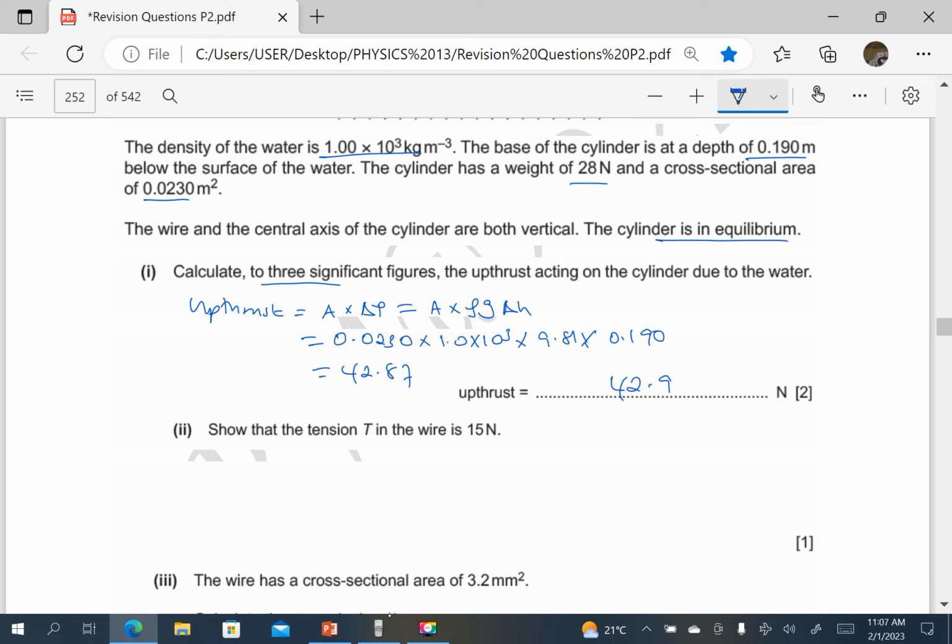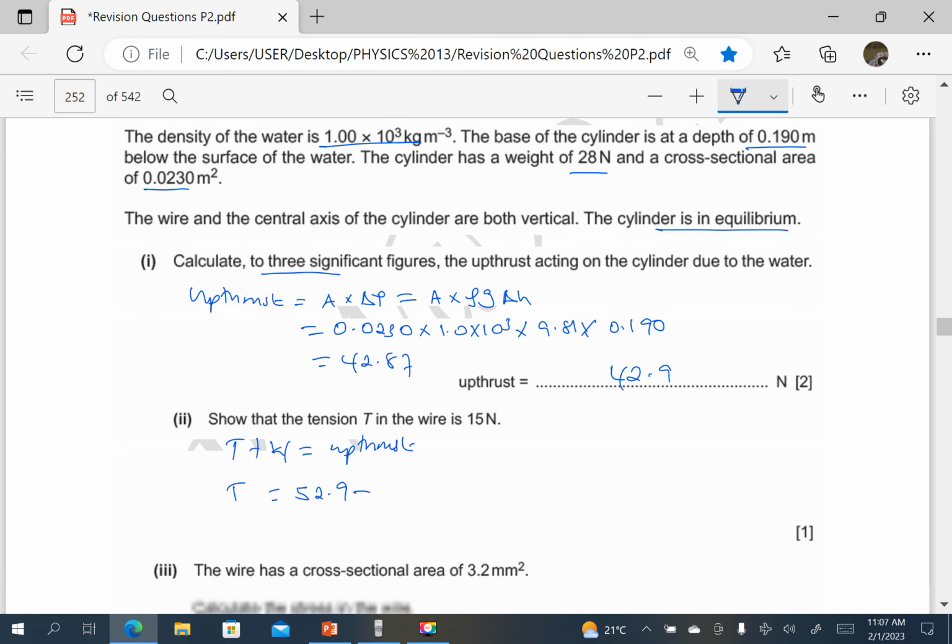Show that the tension T in the wire is 15 newtons. We have already seen that the tension is downwards, the weight is downwards, and the upthrust is always upwards. So T is going to be the upthrust, which we have got as 42.9, minus the weight, which is 28. So this is 42.9 minus 28.